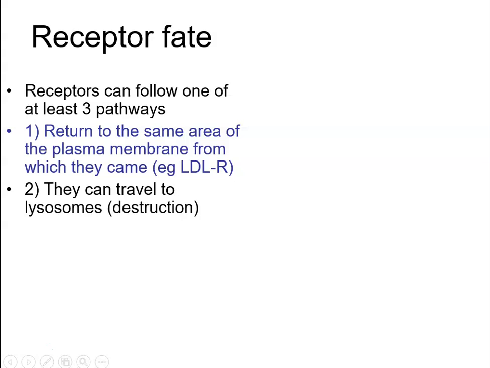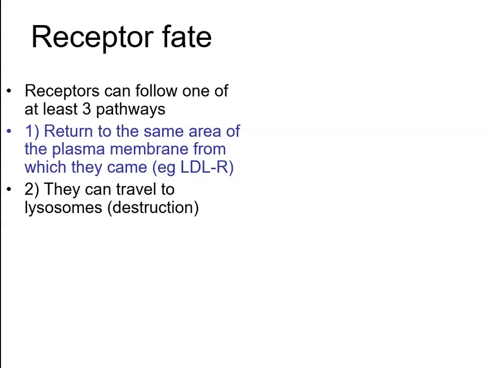So endocytosed proteins can either be returned to the same area of the plasma membrane from where they came from. We saw that for the LDL receptor. The LDL receptor is expressed on the plasma membrane. It binds its cargo, it gets taken up into an endosome and then gets recycled back to the plasma membrane. So that's one fate of an endocytosed protein.